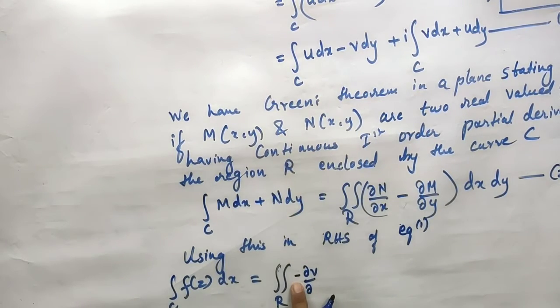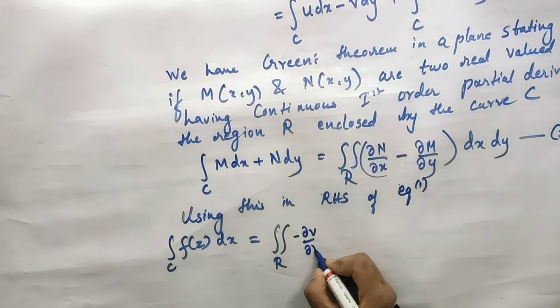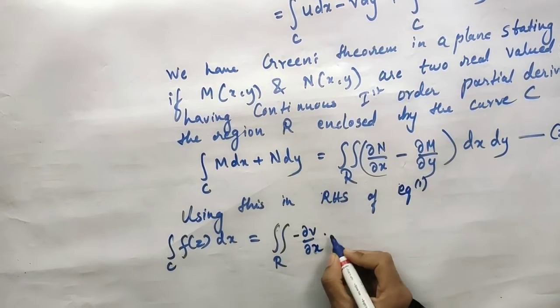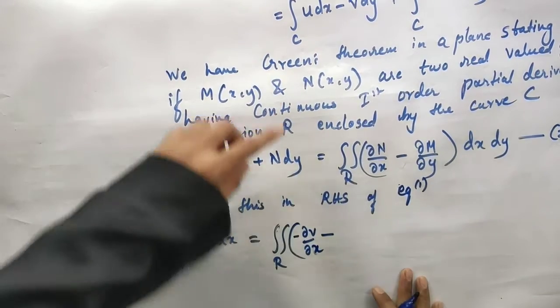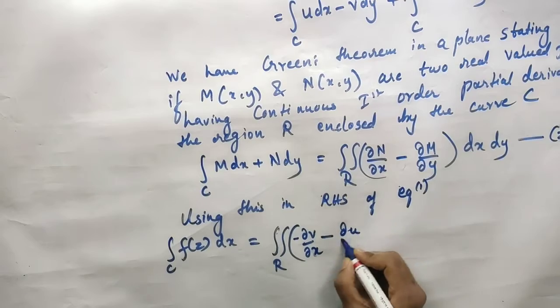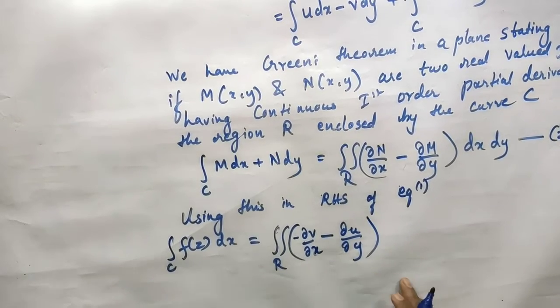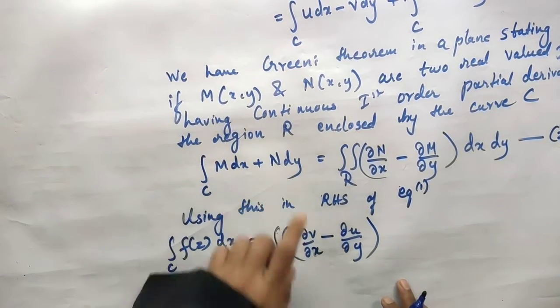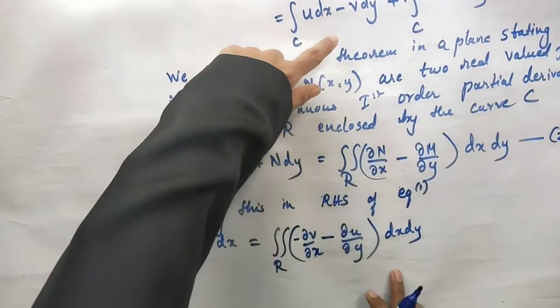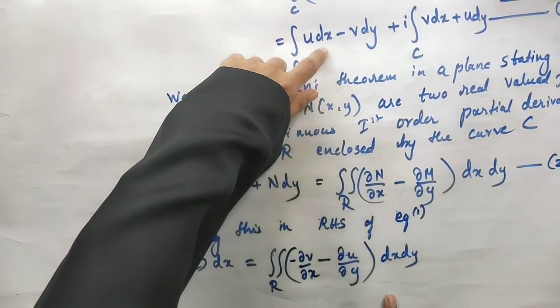So I can take that minus v outside, dou v by dou x, minus, in place of m you have got u. So minus dou u by dou y, like this you get, dx dy. You are done applying Green's theorem for the first part of this integral.